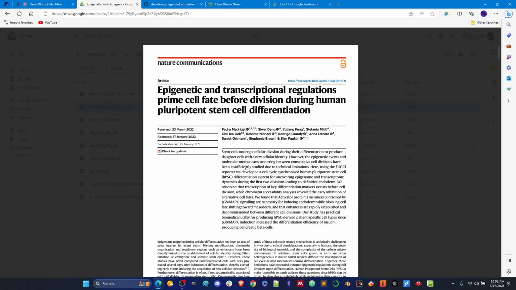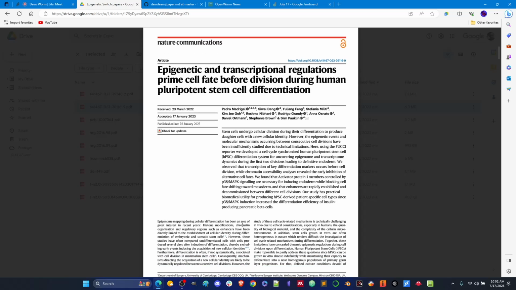You can look at the morphology of the cell under a microscope, but it's still one of these things where you're basically saying it's a cell type because it has these genes upregulated.